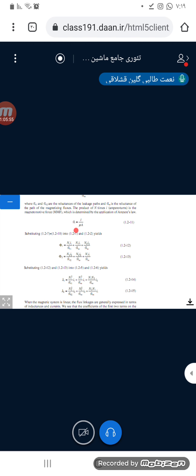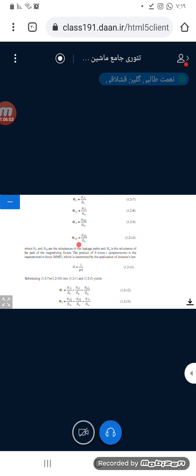So based on this relation, we can find the reluctance of the paths for mutual flux of circuit 2 and mutual flux of circuit 1.